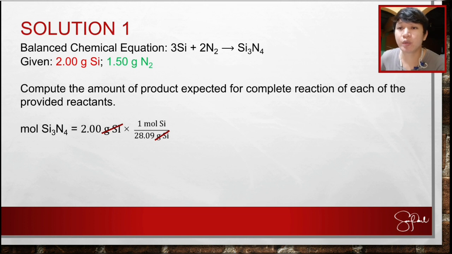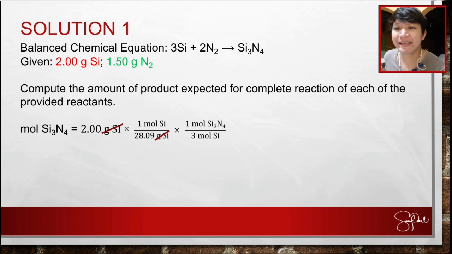So the next thing to do is determine the mole ratio. What is the mole ratio there? The mole ratio of silicon to silicon nitride is 3:1. We need to cancel moles of Si, so moles of Si should be at the bottom. That will be 1 mole of Si3N4 over 3 moles Si. Again, this second part is the mole ratio of silicon to silicon nitride.